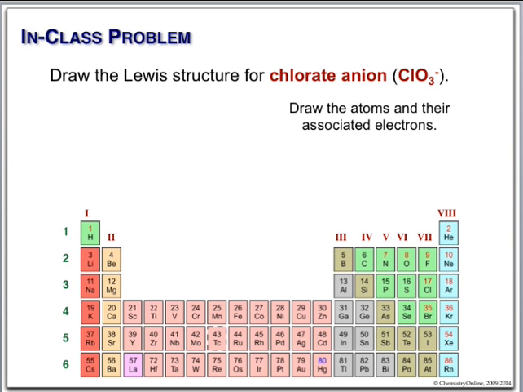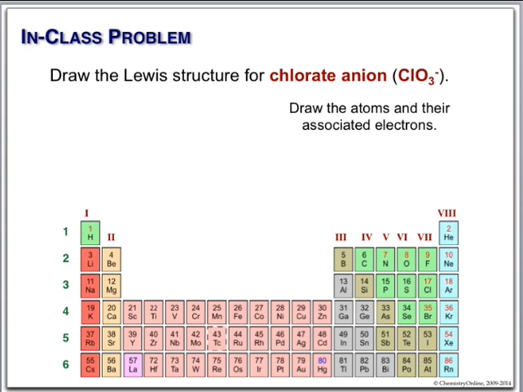Step 1, chlorine is here in group 7. So it's going to have 7 valence electrons, right? So we'll put the chlorine in the middle with 7 little dots around it. Oxygen is in group 6, so it will have 6 valence electrons.